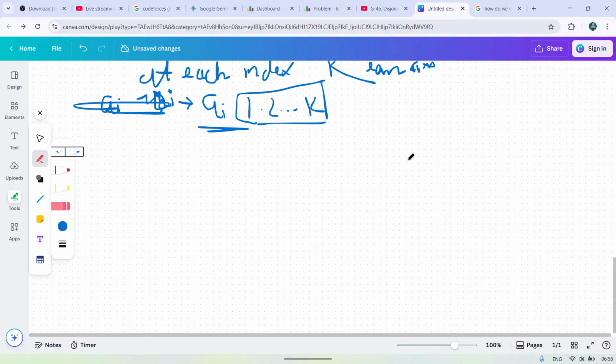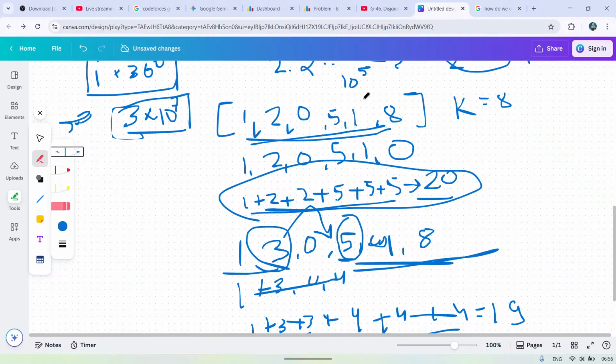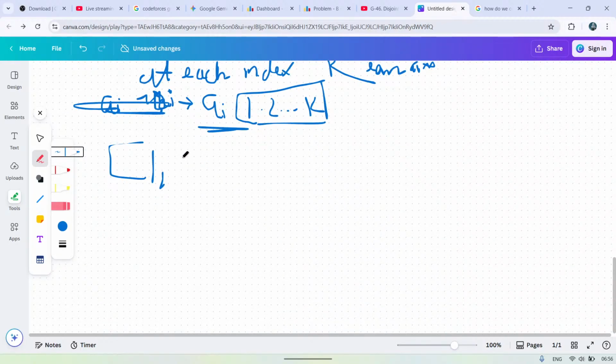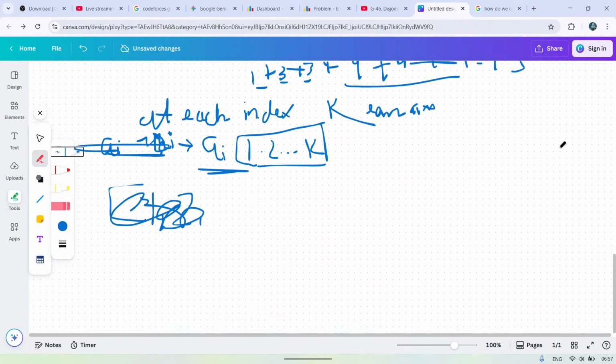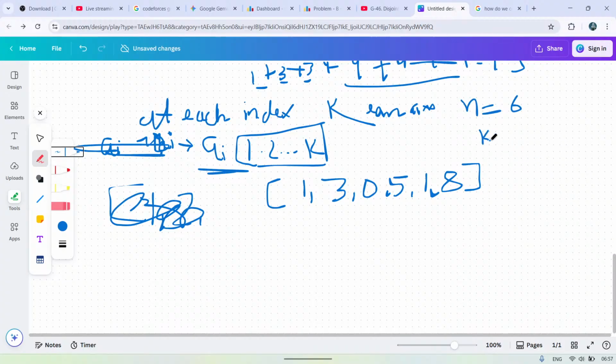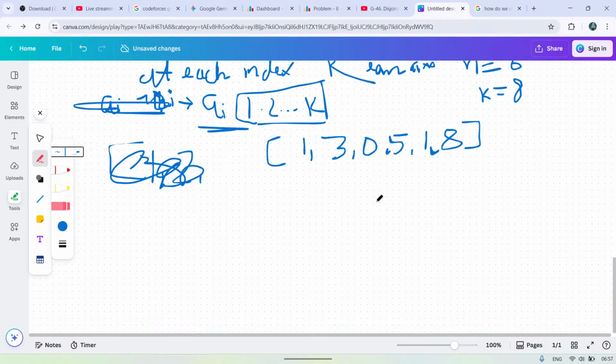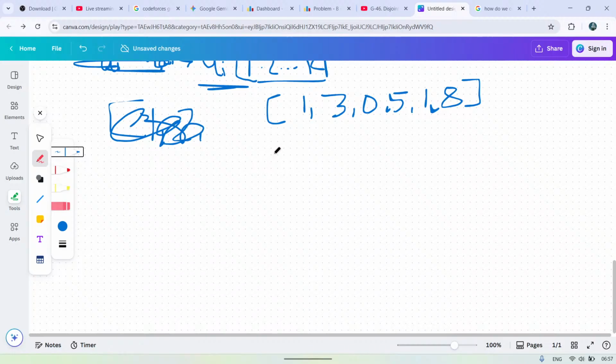Let's create some tree to understand it in more depth. I have 1 3 0 5 1 and 8, and k is 8. On the first index, I have two options, right?